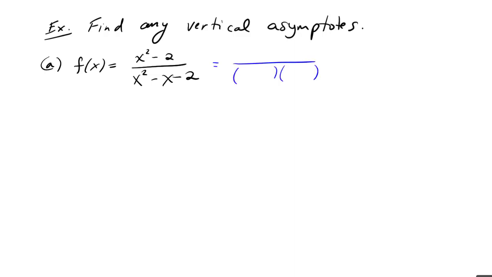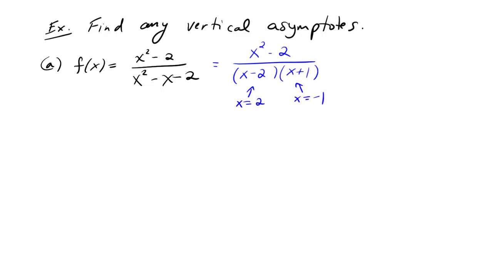The denominator would factor into (x minus 2)(x plus 1). I'm going to leave the numerator as is because it doesn't really factor over the reals nicely. So I take a look at this and I note two things. I see that the denominator is 0 when x is 2 or x is negative 1.